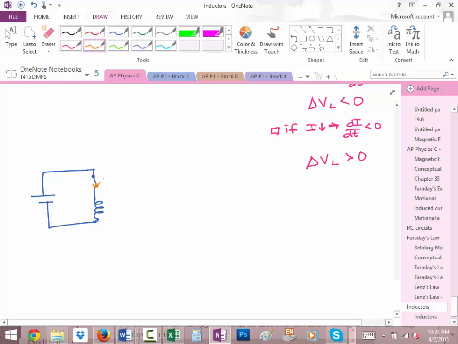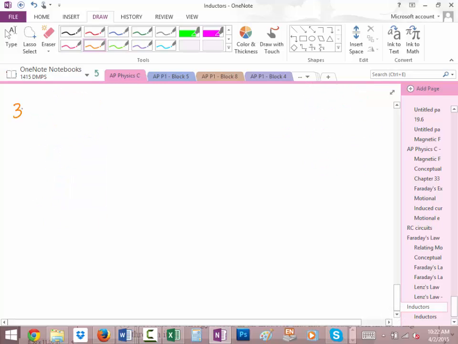All right, let's do a problem quick. Again, I don't have it typed up, so I'm going to read it to you. This one is 33.13. A 1 amp current passes through a 10 millihenry inductor coil. What is the potential difference induced across the coil if the current drops to 0 in 5 microseconds?